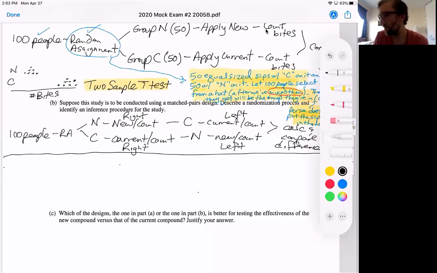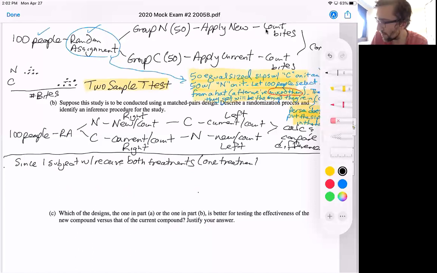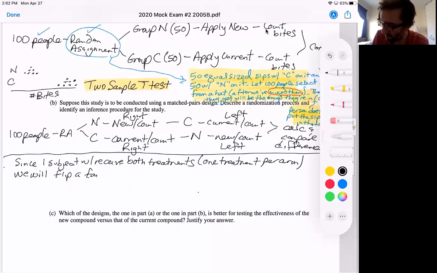So we would say, since one person's going to do both treatments, since one subject will receive both treatments, one treatment per arm, we will flip a coin. Even say that it's a fair coin, flip a fair coin.